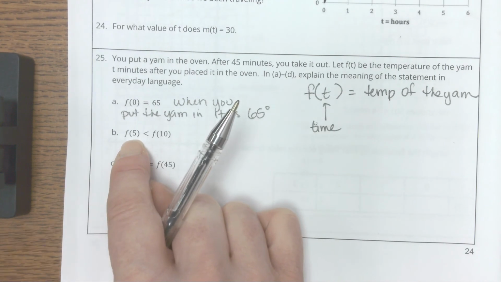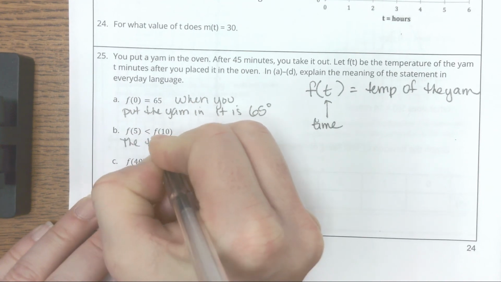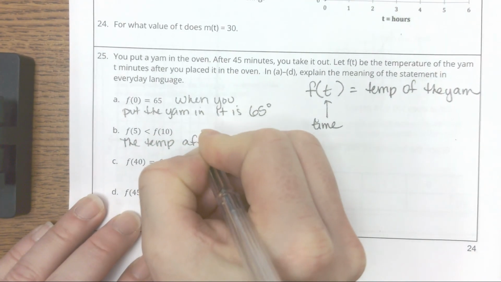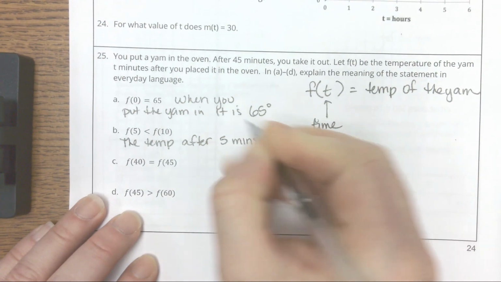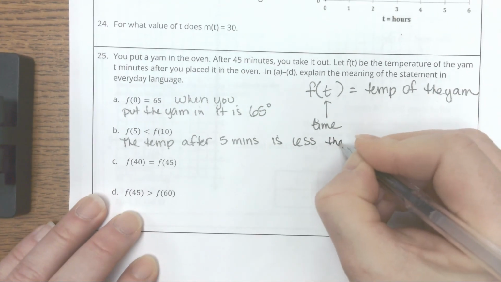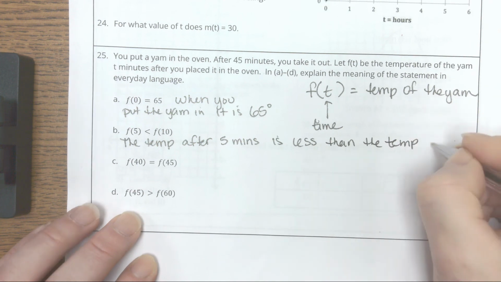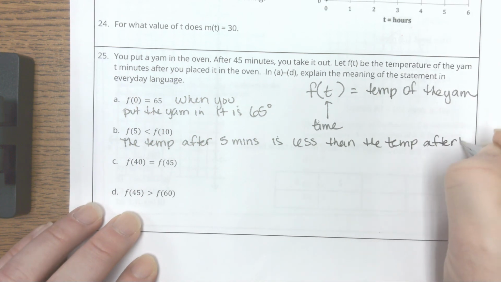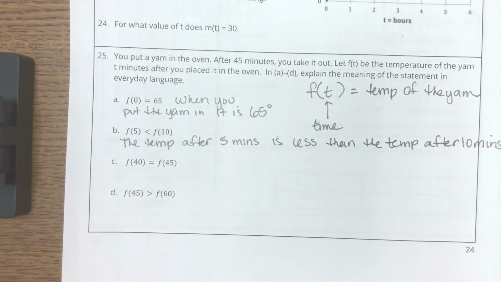The temperature after 5 minutes is less than the temperature after 10 minutes. Which makes sense if you're cooking something in the oven. As time goes on, shouldn't the temperature be increasing?